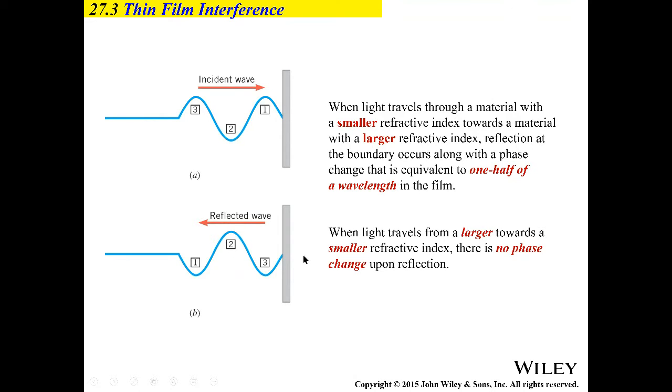But when light travels from a more dense to a less dense medium, there is no phase change. It's sort of like a rule. From less dense to dense, there is a 180-degree phase change. But when this side is dense and that side is less dense, then in that reflection there is no phase change.